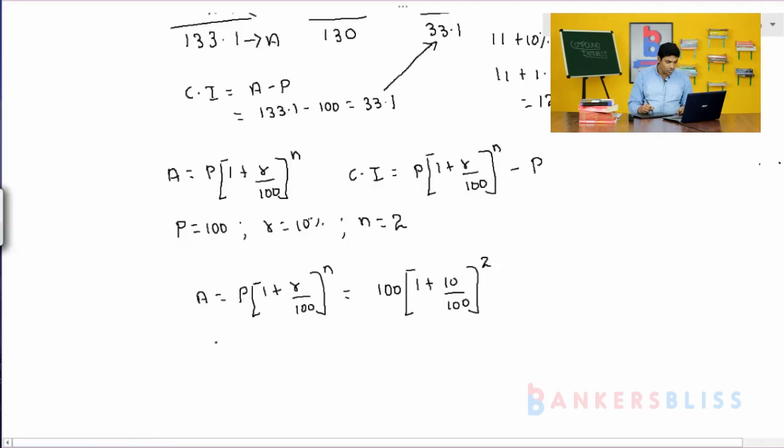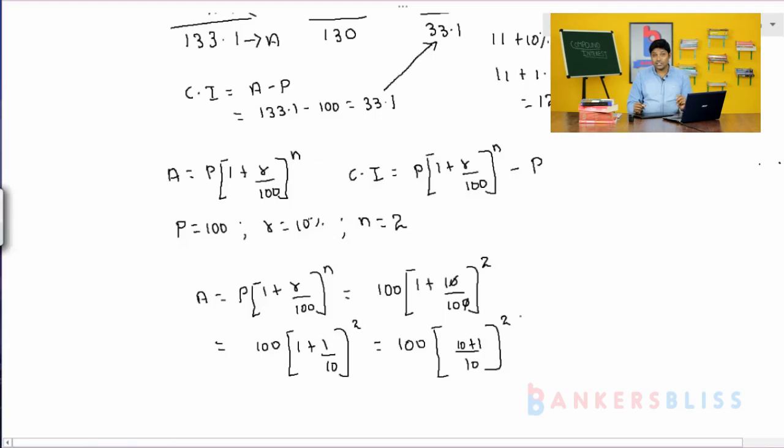Which is equal to 100 into, see here, 10 ones are 10, 10 tens are 100. So 1 plus 1 by 10 whole square. So again, 100 into 1 plus 1 by 10, 10 is the LCM, so (10 plus 1) by 10 whole power 2.